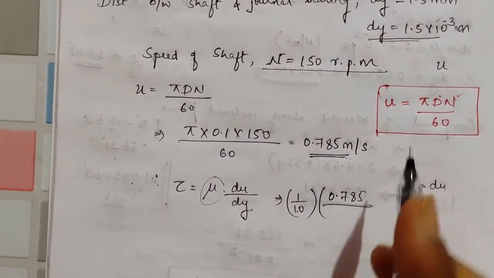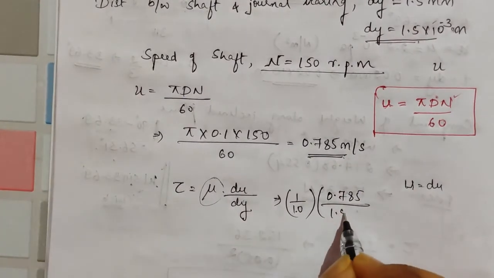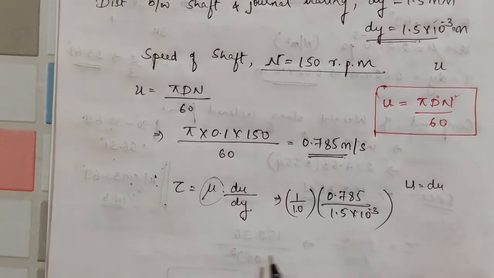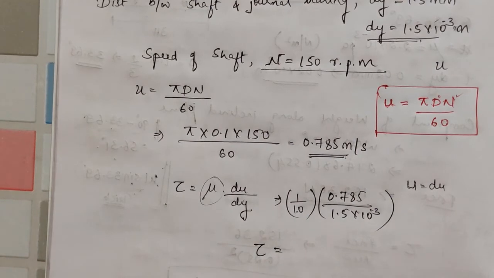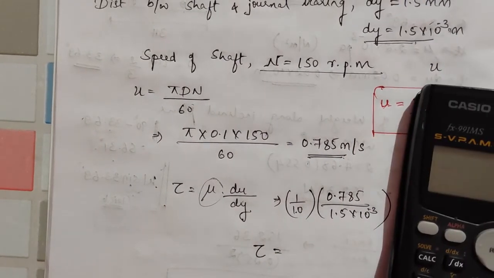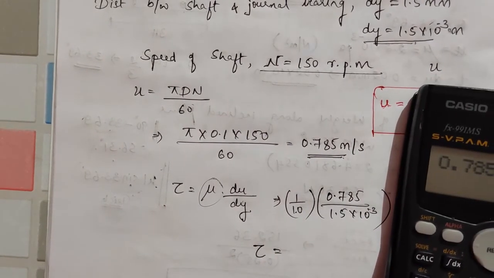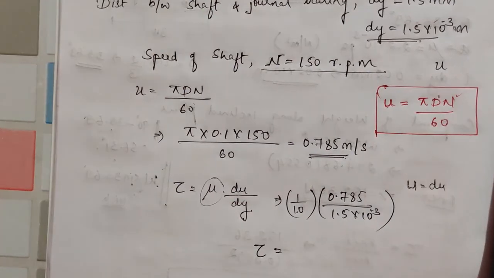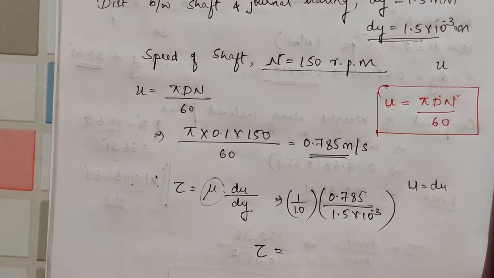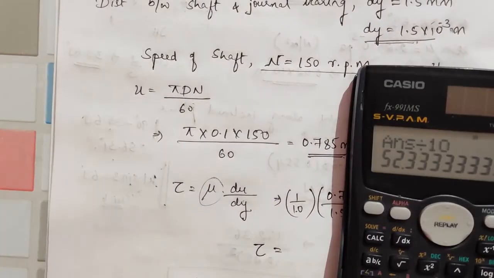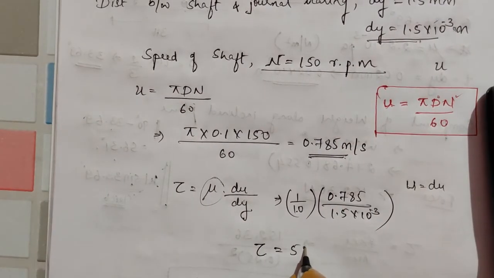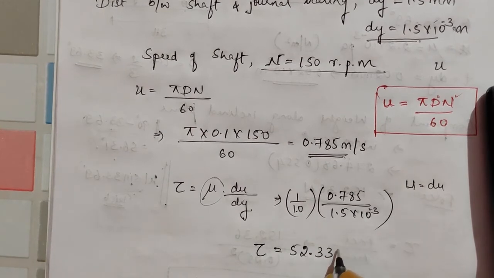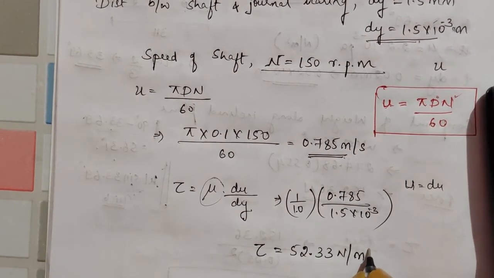The dy value is 1.5 into 10 power minus 3. So if we substitute, 1 by 10 into 0.785 divided by 1.5 into 10 power minus 3, it is 52.33 Newton per meter square.